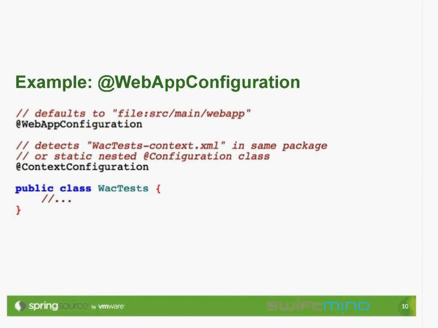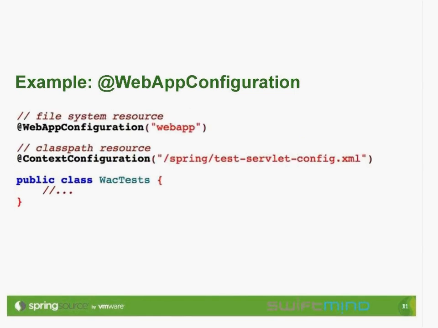The other option is to use a nested static @Configuration class if you prefer to use Java config instead of XML files. But again, the thing to point out here is the difference between the defaults. So with @WebAppConfiguration, the default is from the file system, and with @ContextConfiguration, the default is from the class path. Now let's take a look at another example.